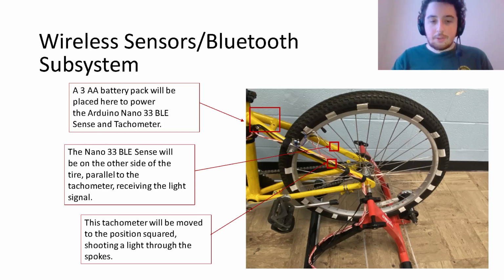To continue with the wireless sensor and Bluetooth subsystem, a 3 AA battery pack will be placed as shown, and this will power both the Nano 33 BLE Sense microcontroller as well as the non-contact tachometer.